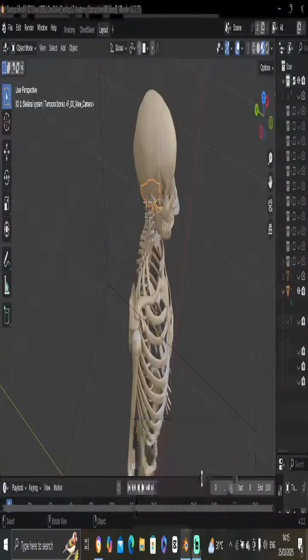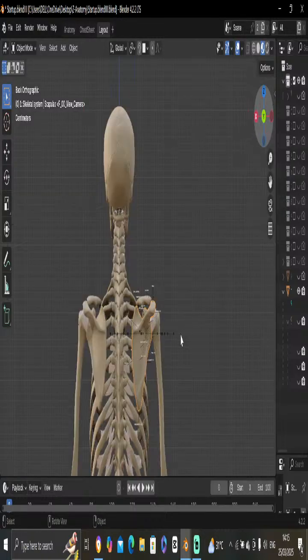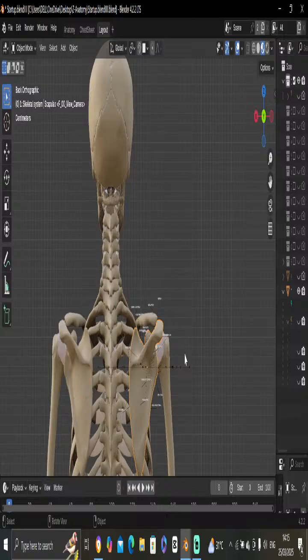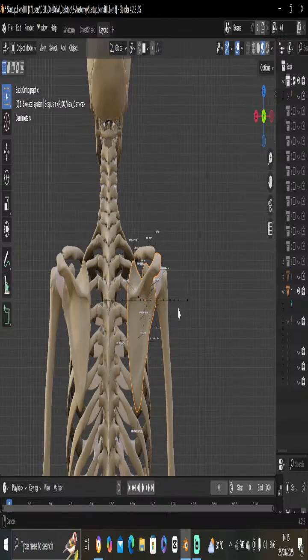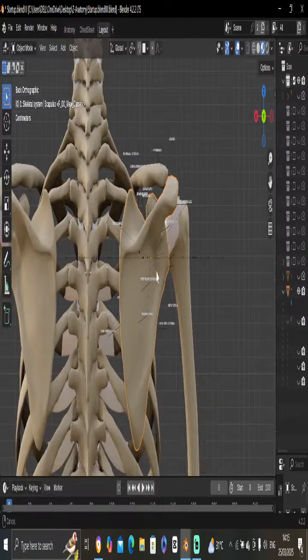So from the clavicle, we can move on to the next bone, which happens to be the scapula. If we look at it from the posterior surface, let me zoom in on the bone. This is the right scapula, this is the left scapula. I've highlighted the right scapula for us to see.